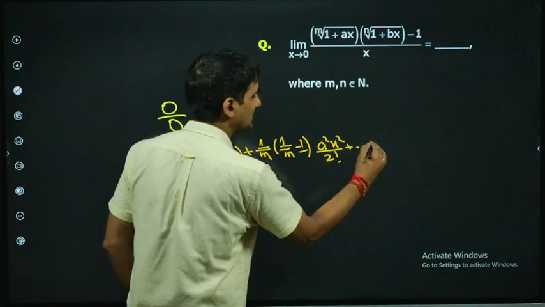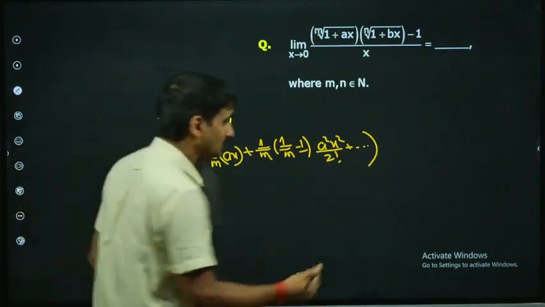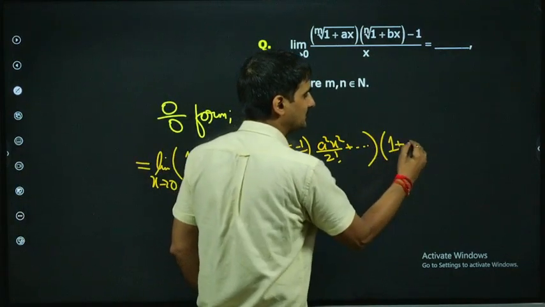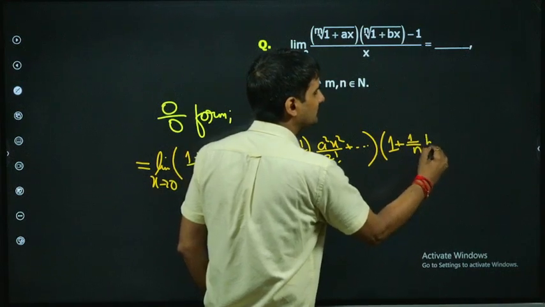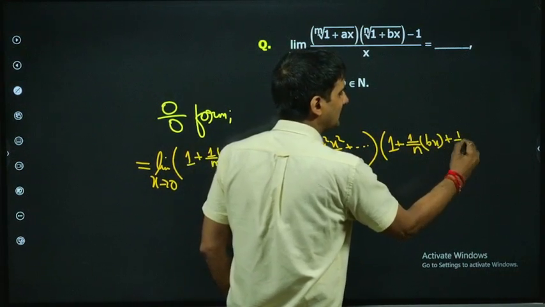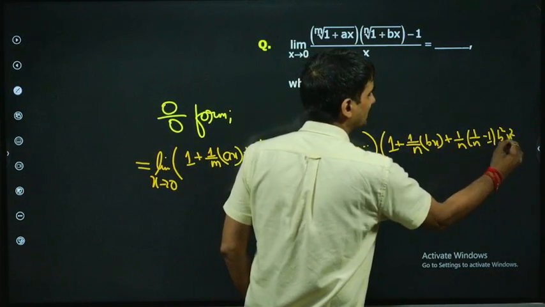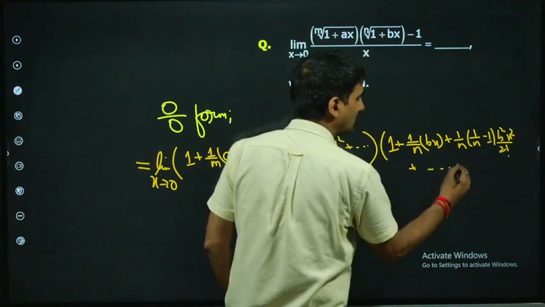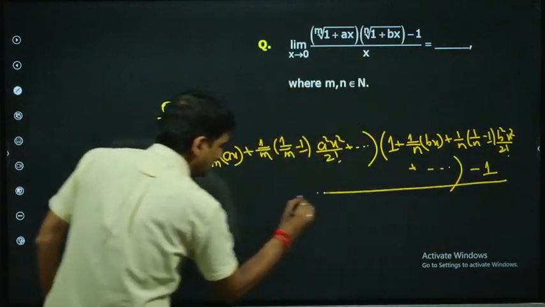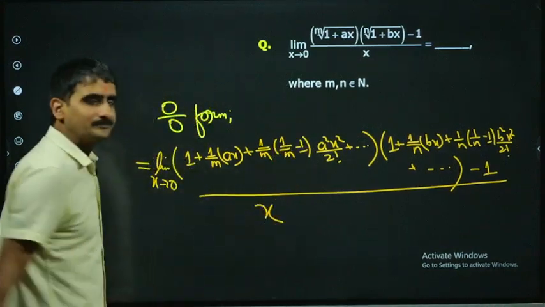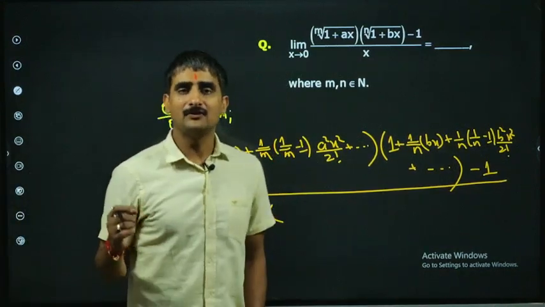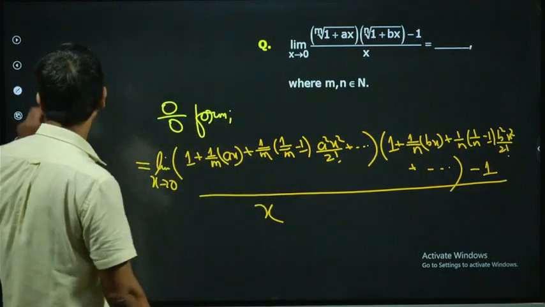I don't think we need more terms than this. Similarly, for the next one, 1 plus 1 by n into bx plus 1 by n into (1 by n minus 1) b square x square by 2 factorial plus dot dot dot, and minus 1, divided by x. Okay, so we use binomial expansion for any index.